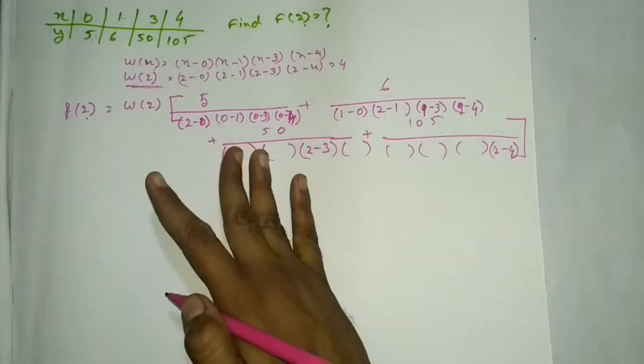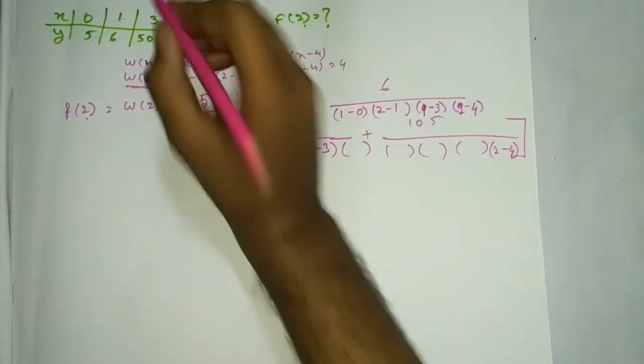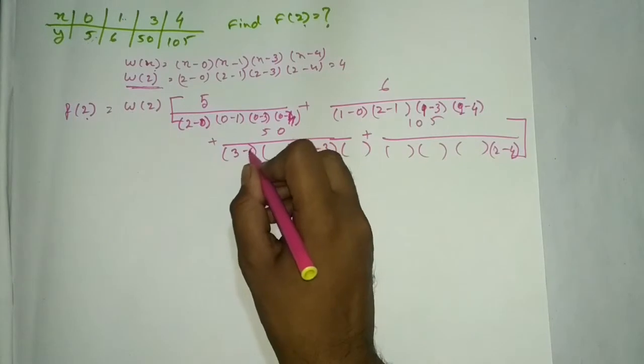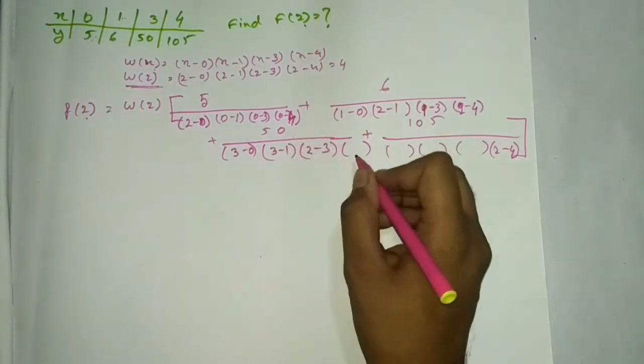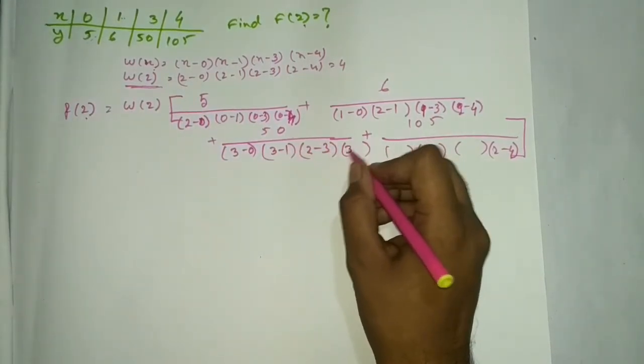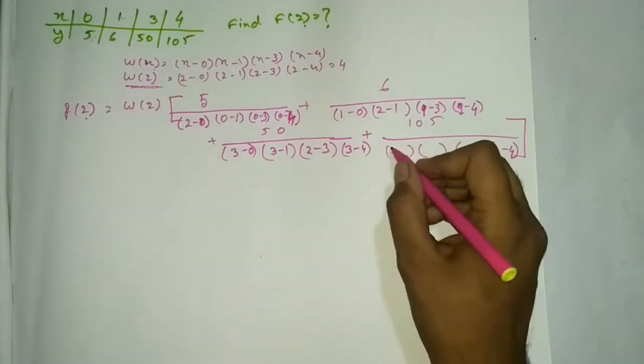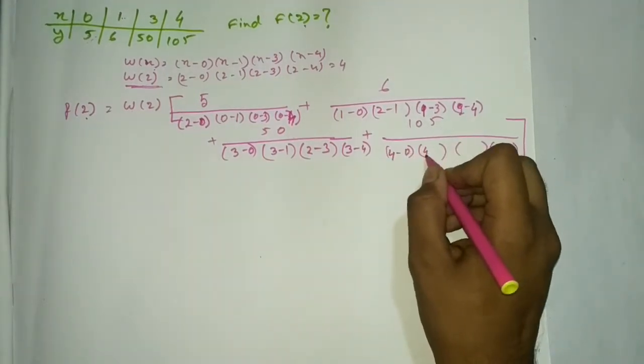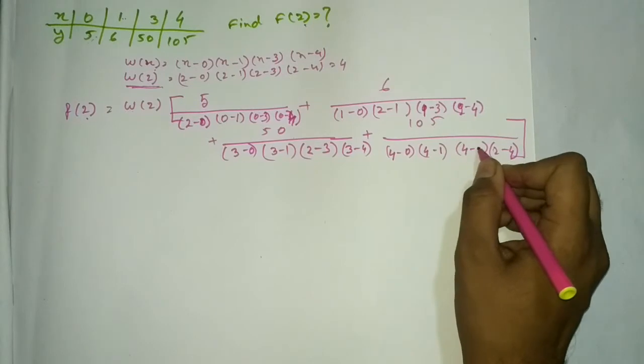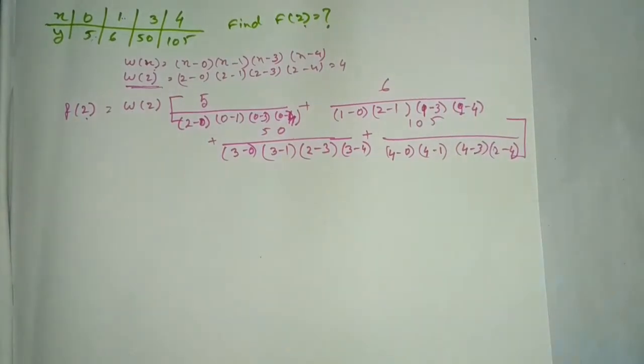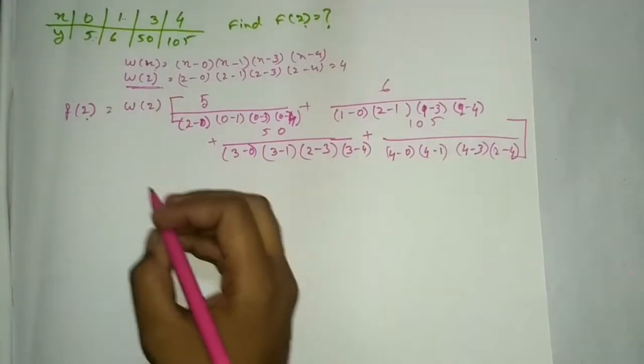For the third, it will be the third x value minus the other x values: 3 minus 0, 3 minus 1 and 3 minus 4. And for the fourth part: 4 minus 0, 4 minus 1, 4 minus 3.